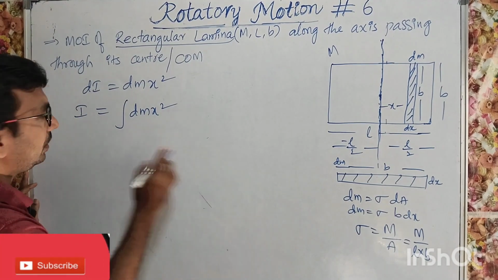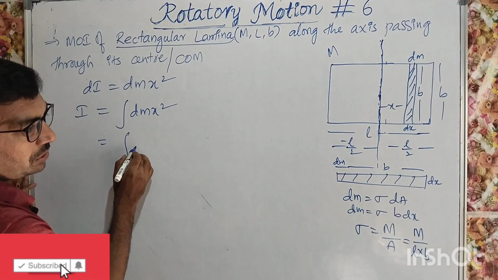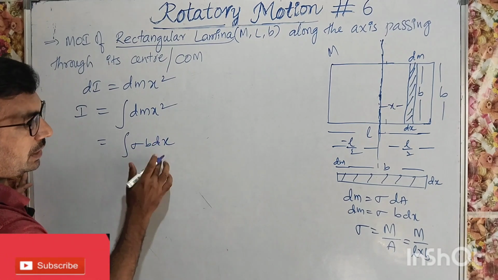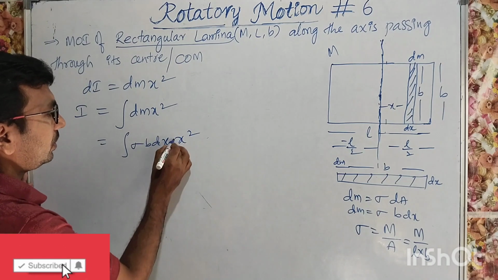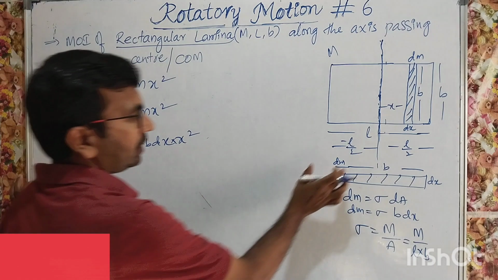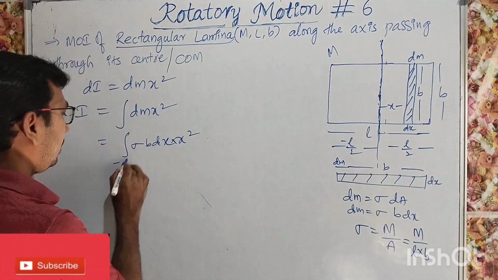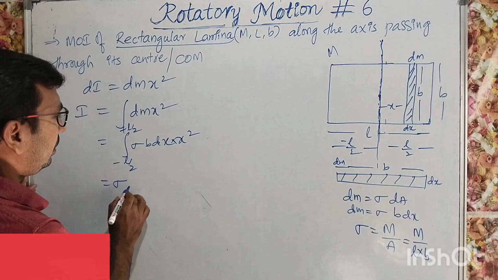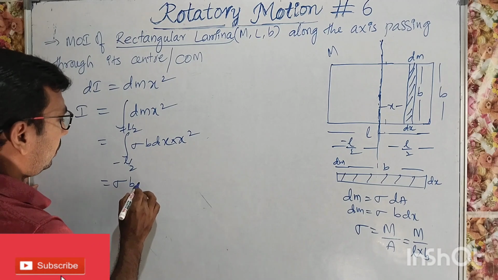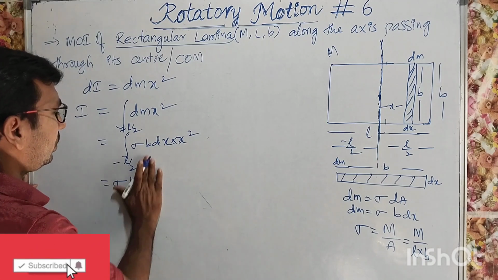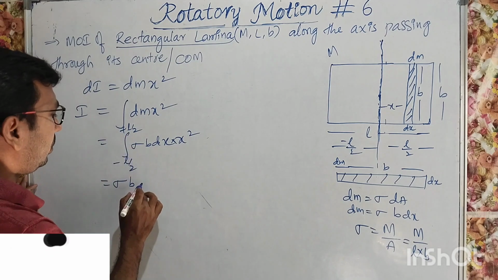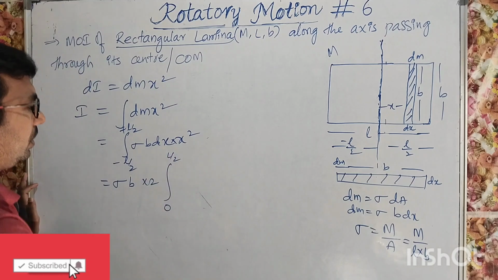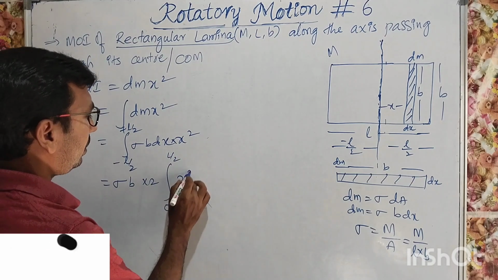Substitute the dm value: integration of sigma B dx into x square, with limits minus L by 2 to plus L by 2. Sigma is common and B is constant. So this is 2 times the integration from 0 to L by 2 of x square dx.